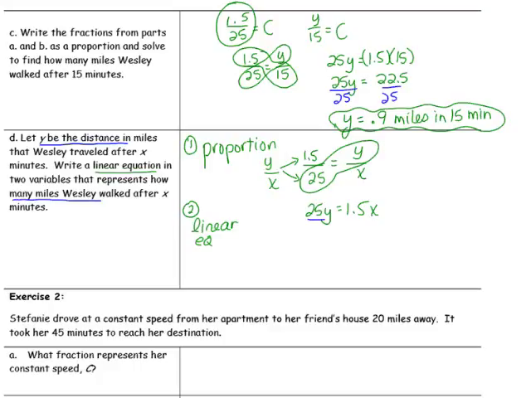To solve for y, we divide by the coefficient of y. y equals 1.5 over 25 times x. We can leave it in that form, 1.5 over 25x, where this is the rate or the speed.